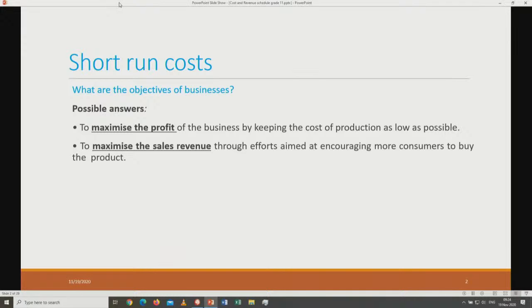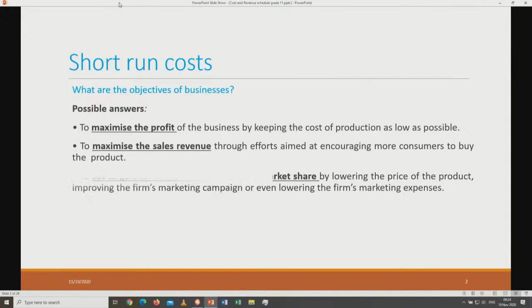It has got to encourage more consumers to buy their product. They can do that through advertising and any other means that will make more people to buy the product of the business.